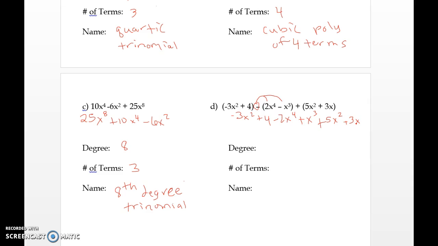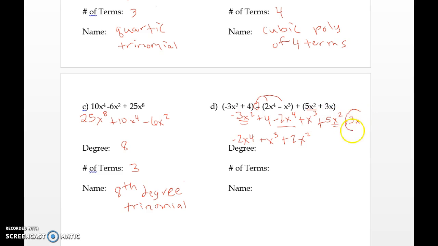So I'm going to start with my highest exponent, which is negative 2x to the fourth. And then I can say x cubed. And then I have, here's a negative 3x squared and a positive 5x squared to give me a plus 2x squared.